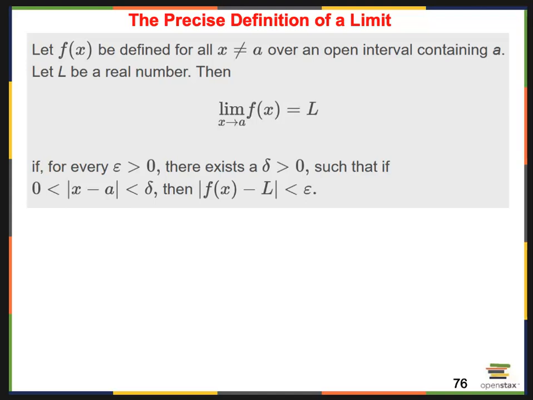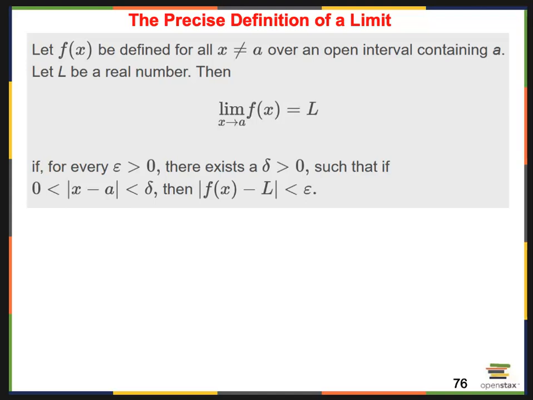Then we have what we've been talking about: the limit of a function as x approaches a equals L if for every epsilon greater than 0, there exists a delta greater than 0. Now, these are just Greek letters, epsilon and delta.